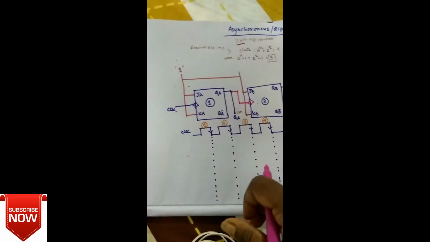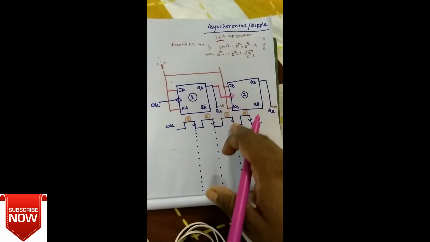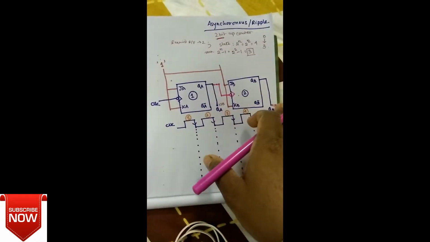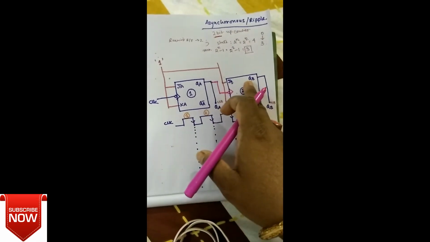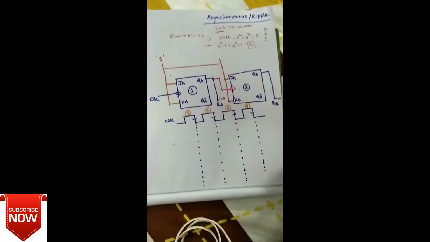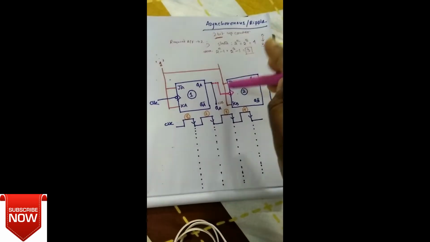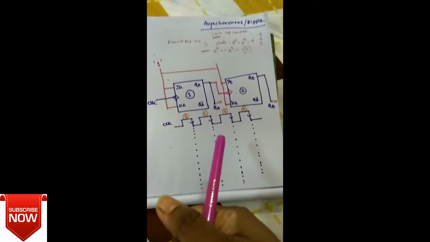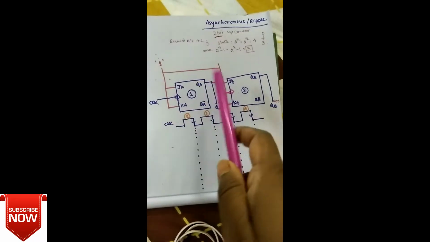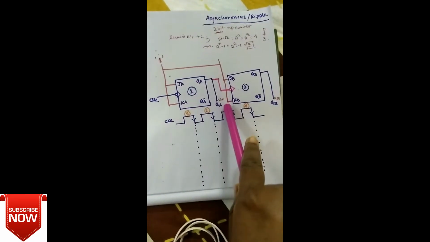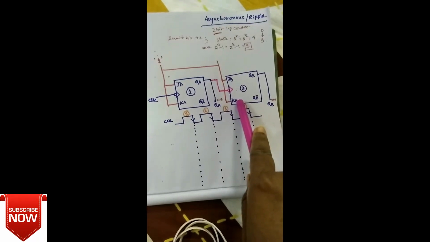So if we consider a 3-bit ripple counter, then we require 3 flip-flops. Then this QB will also act as the clock of the third flip-flop. So this is the main definition of an asynchronous counter or ripple counter: the output of the previous flip-flop is always taken as the clock input of the next flip-flop.